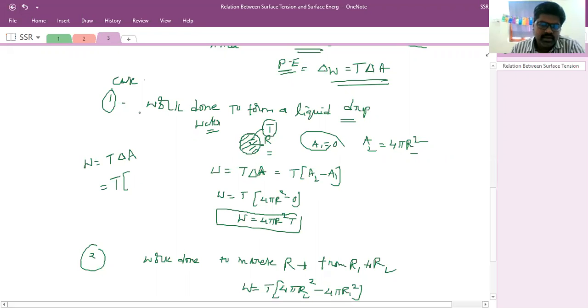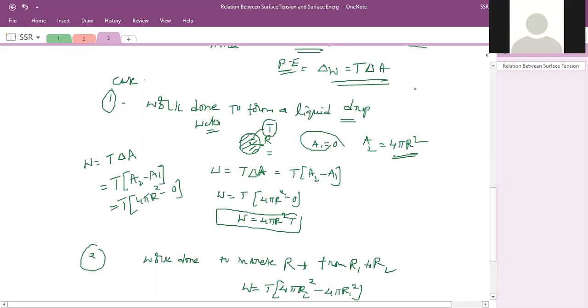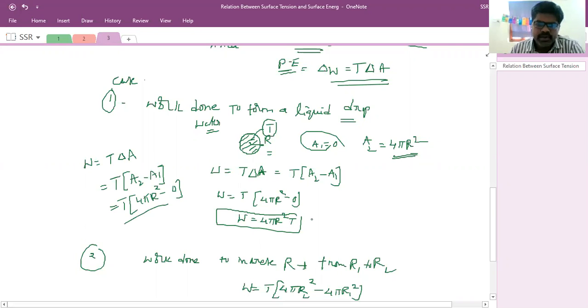Delta A means final area minus initial area. So T into A2, which is 4 pi R square, the final area, minus the initial area. Initially we can't say any area, it is just forming, so 0. So the work done is T into 4 pi R square.